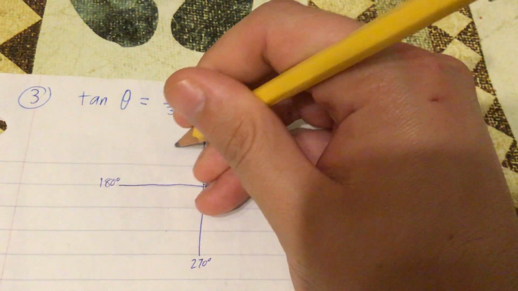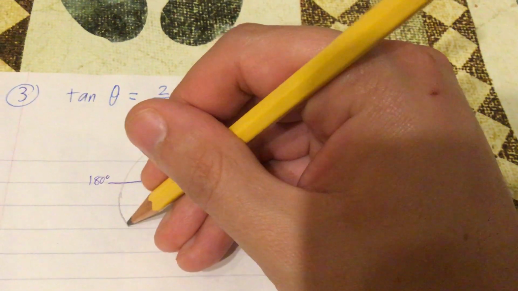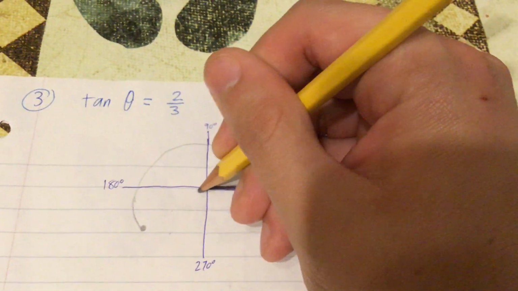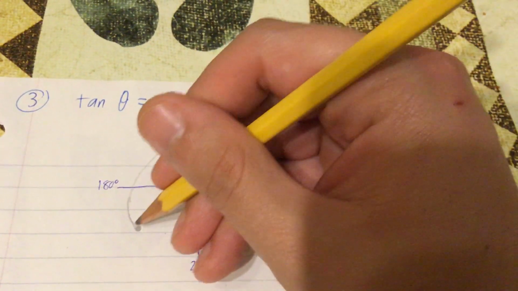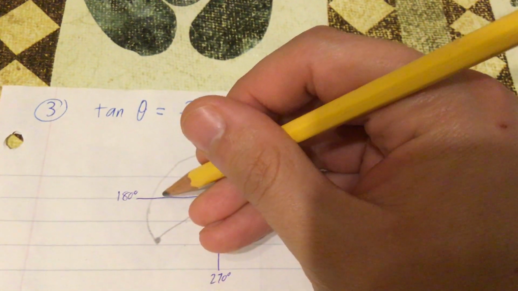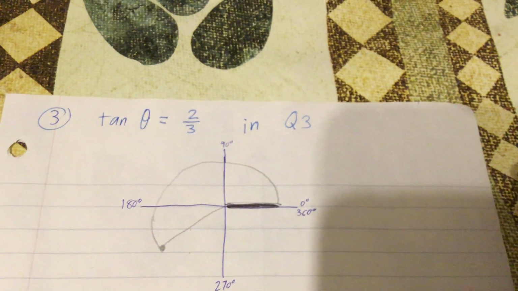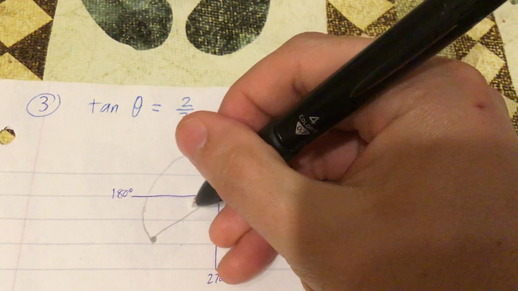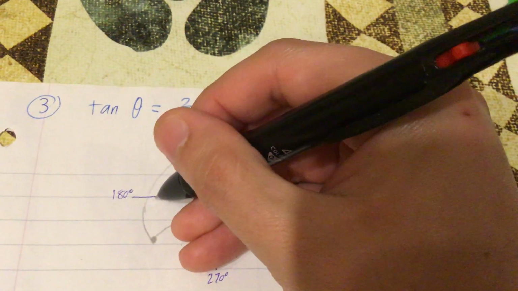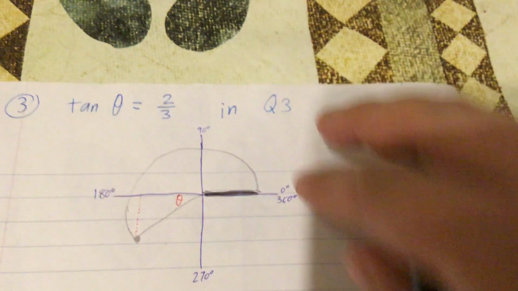So let's just draw an arc. That's good enough. It doesn't have to be exact, but I'm just going to draw an arc right there. Now remember, we're drawing where the terminal point matches up with the x-axis, so that angle is going to be right here if it's in quadrant 3. And then I'm just going to drop it from there, and that's my right angle.